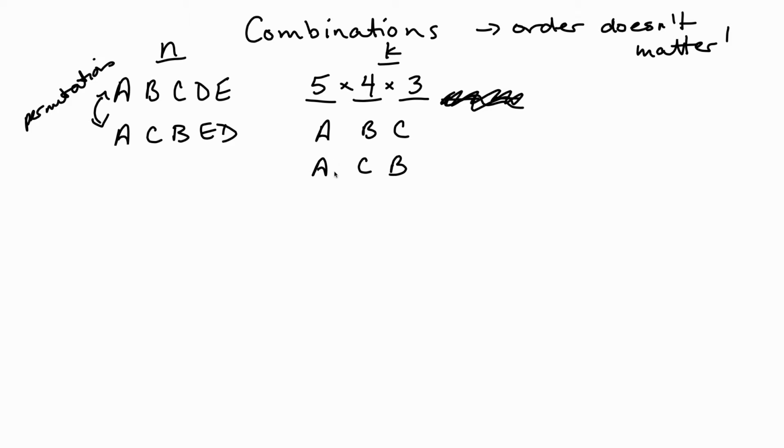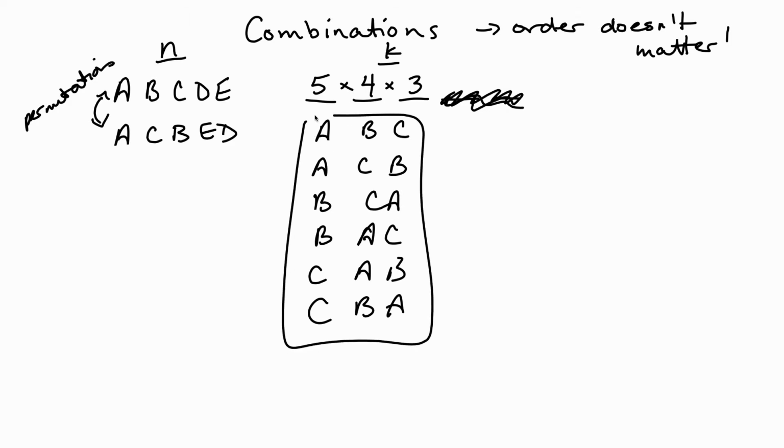Right, so ABC, ACB, BCA, BAC, CAB, and CBA are all the possible permutations of this one unique combination of 3. An easier way to do that would have been just to say it's 3 factorial, because the number of ways of permuting a set of 3 things is 3 factorial. So the number of combinations here will be 5 times 4 times 3, all divided by 3 factorial.